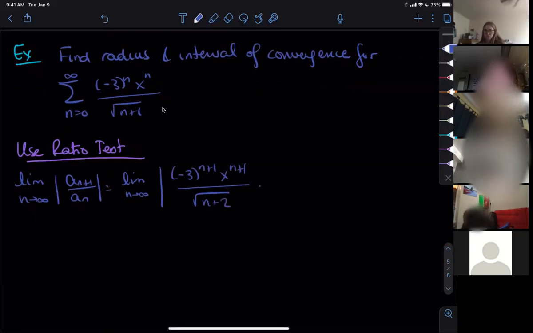Then we're going to multiply by the reciprocal of a_n, so I'm going to have the square root of n plus 1 on the top, and negative 3 to the n, x to the n.